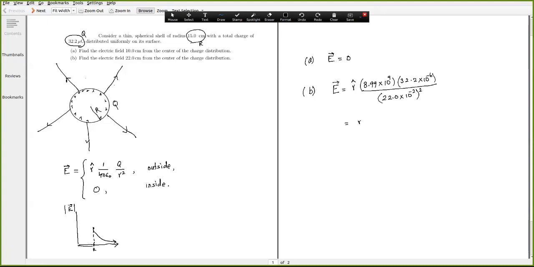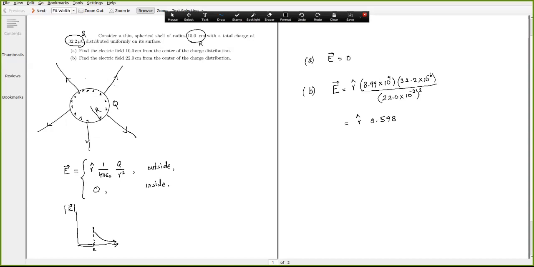Let's see, 8.99 times 32.2 divided by 22 squared is equal to 0.598, 3 digits.